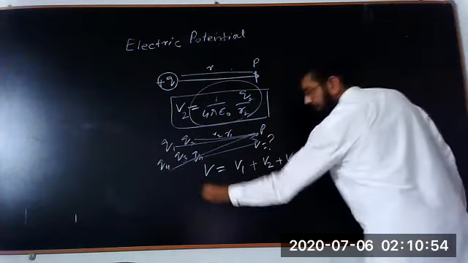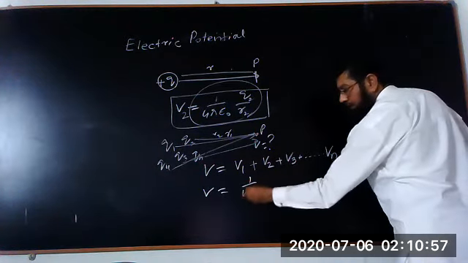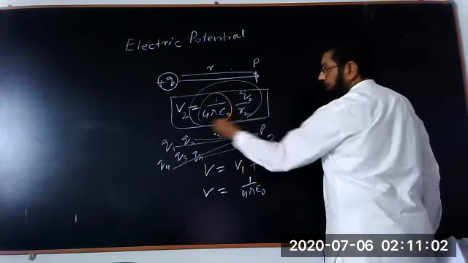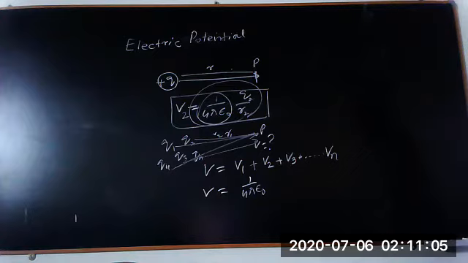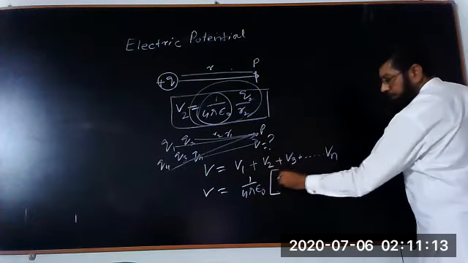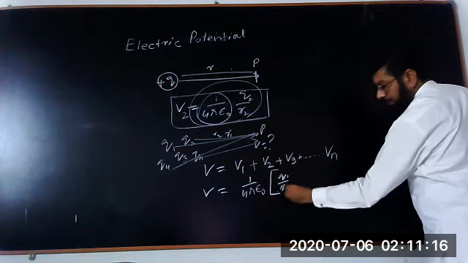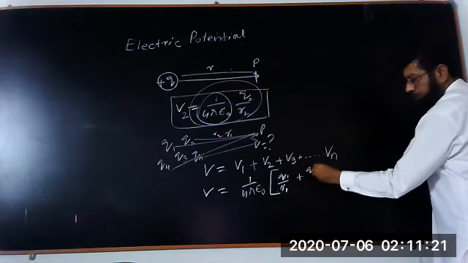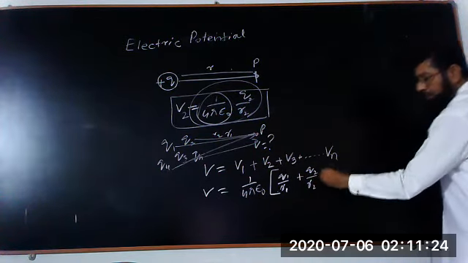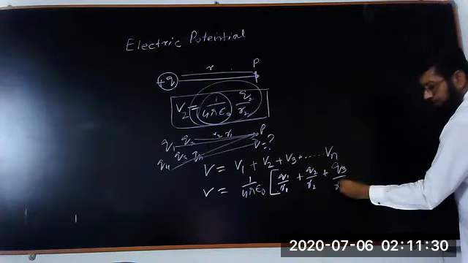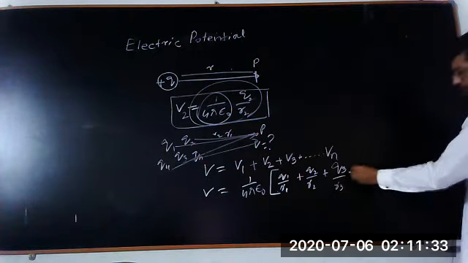As a resultant, the potential is equal to 1 upon 4 pi epsilon naught, which is the common factor in each potential and can be taken out of the equation. V1 is due to the charge Q1 at a distance R1. V2 is due to the charge Q2 at a distance R2. V3 is due to the charge Q3 at a distance R3, and so on.